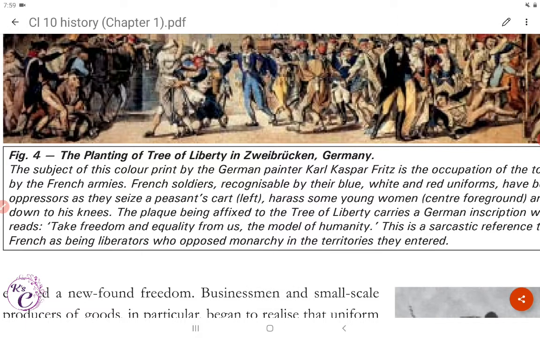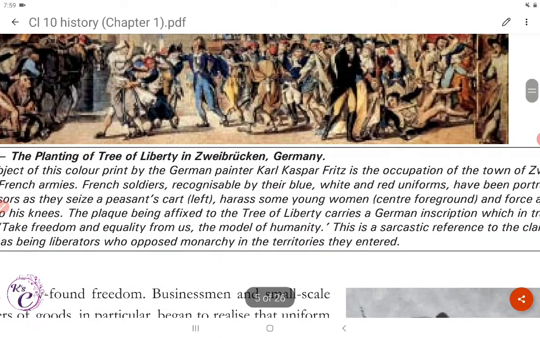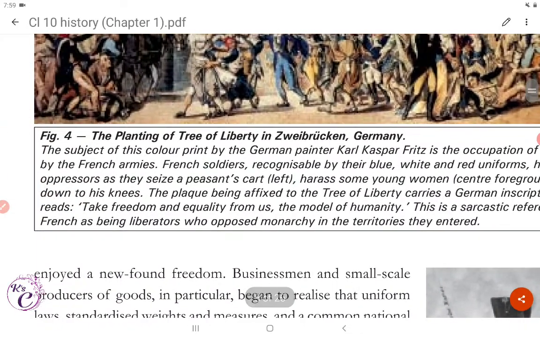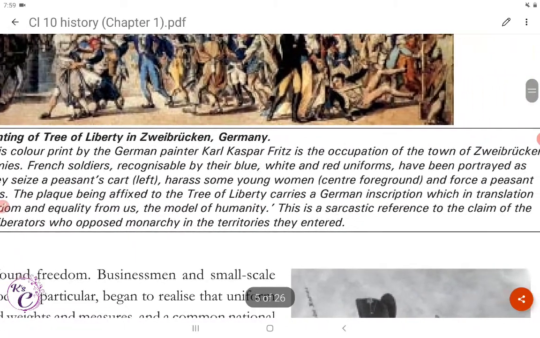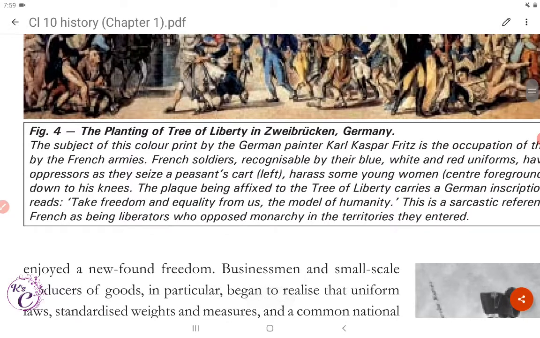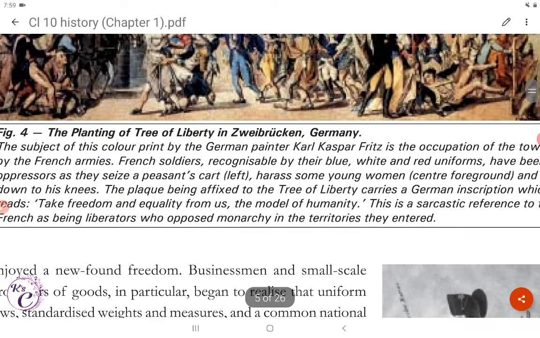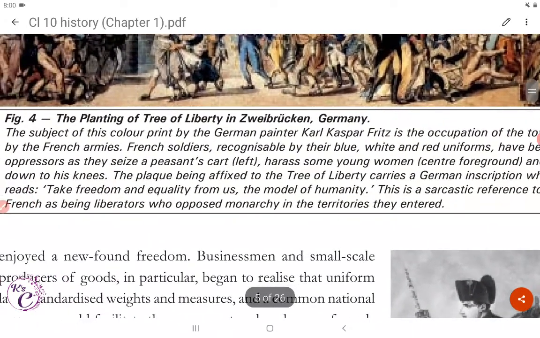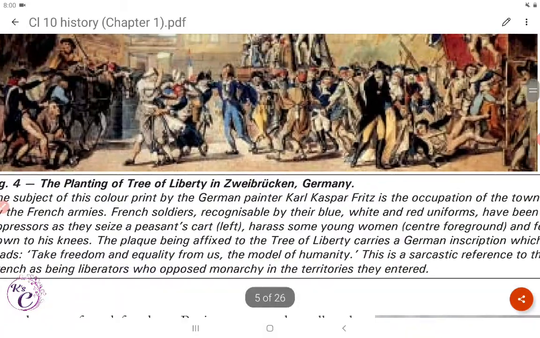The plaque being affixed to the Tree of Liberty carries a German inscription which in translation reads, "Take freedom and equality from us, the model of humanity." This is a sarcastic reference to the claim of the French as being liberators who opposed monarchy in the territories they entered.